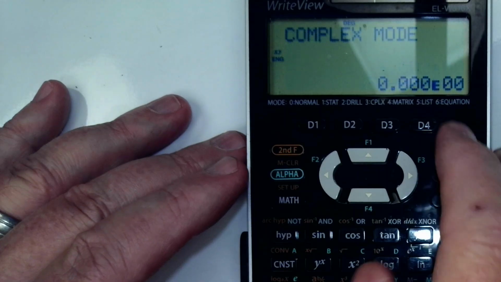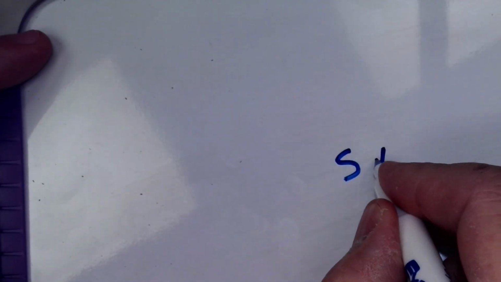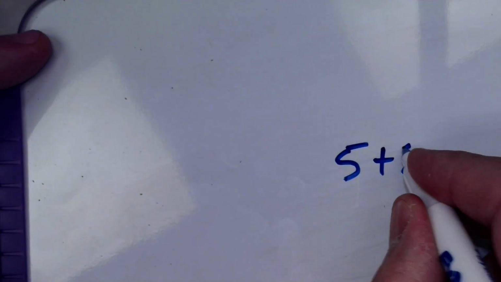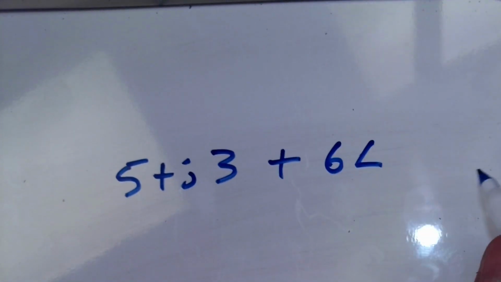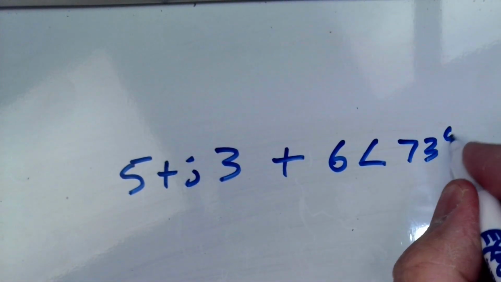Now, let's say I give you a question, say on the test 2, which is coming up. You'll get that next week in lab. So let's say I have 5 plus J3, and I want to add it to 6 at an angle of 73 degrees.